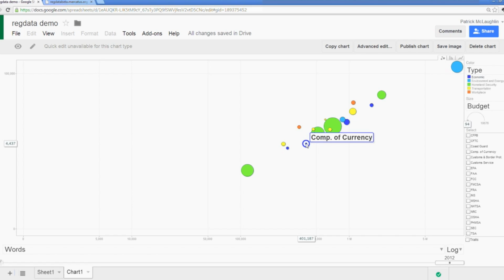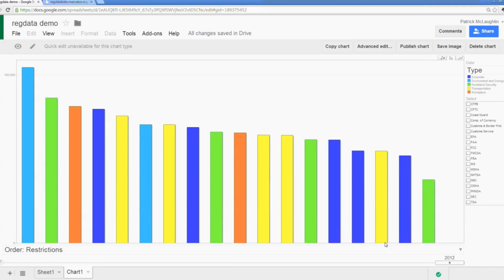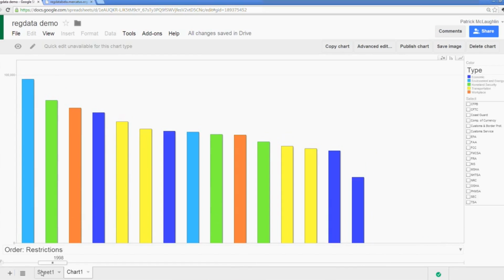That's the Consumer Financial Protection Bureau. So that went from 0 in 2010 or 2011, and then in 2012 it shoots right up and likely will be continuing its trend toward the top right of that graph. So that's one thing you can do, combine budgets and restrictions, or budgets and words.